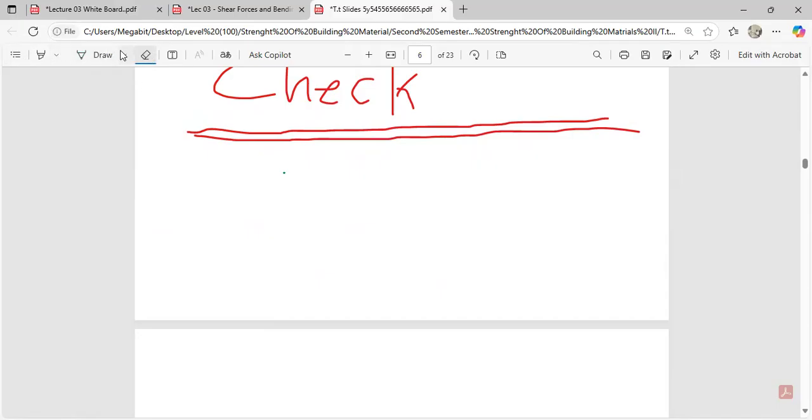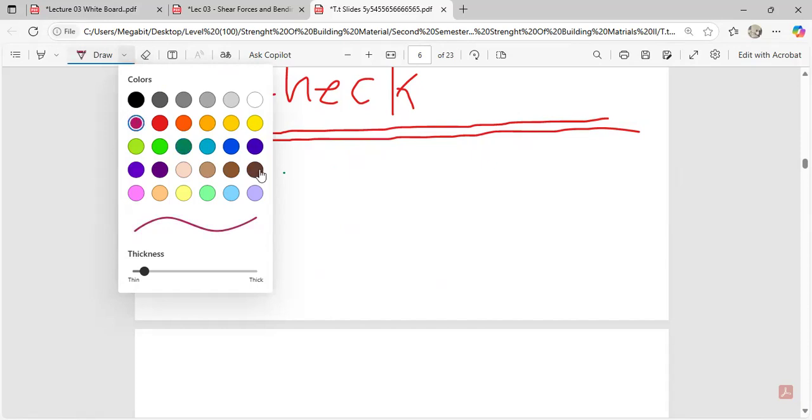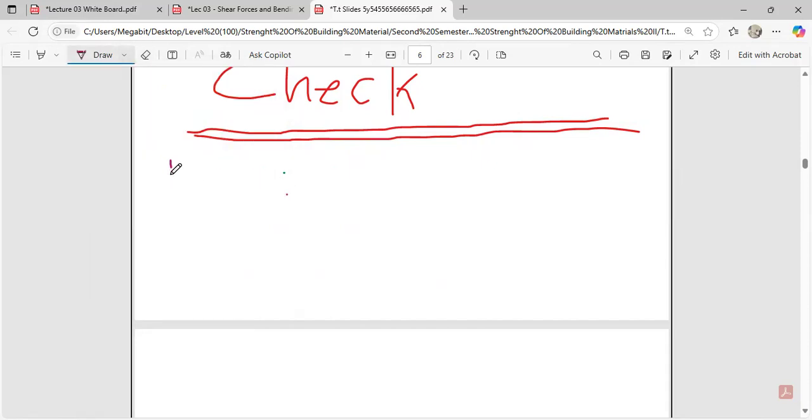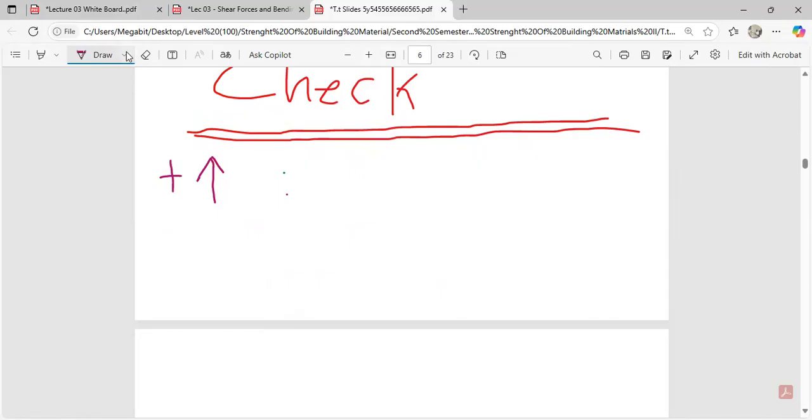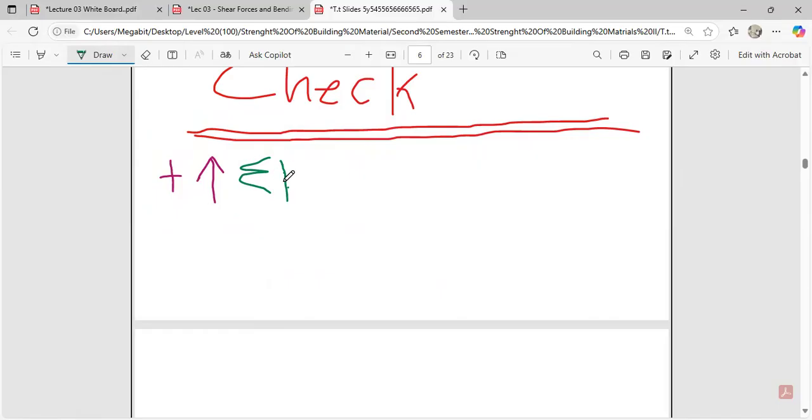All forces that are moving upwards, we consider them to be positive. Then from there, you can say that the sum of all forces at y should be equal to 0.